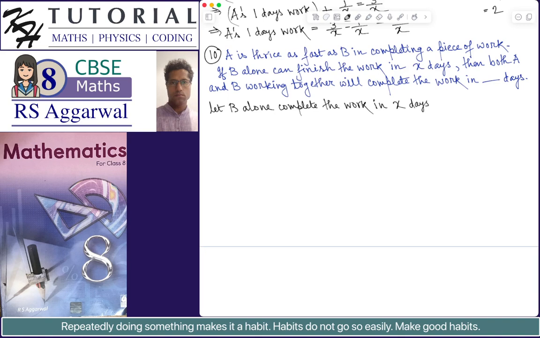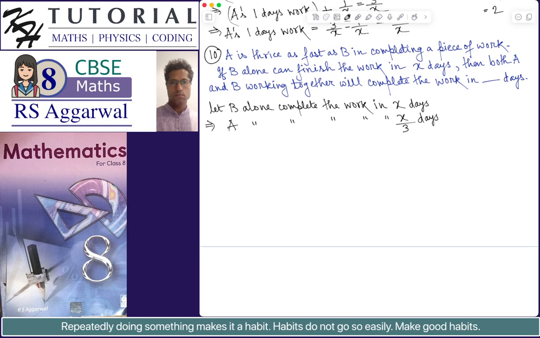Now, since it is given that A is thrice as fast as B in completing a piece of work, we can say that A alone completes the work in X by 3 days. Fast means less number of days. So 3 times as fast as B means that A will complete the work in X by 3 days, where X is the number of days in which B is completing the work. So we have this.